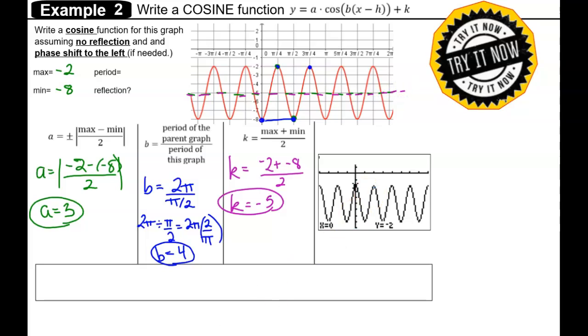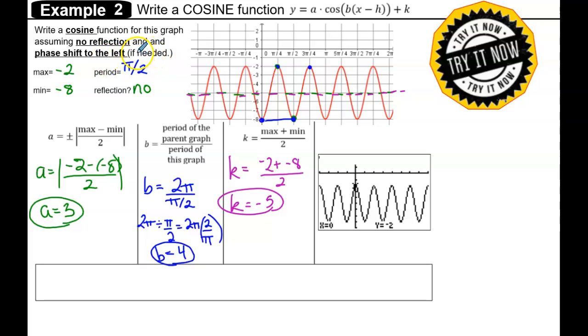Okay, so we found the period, that was pi over 2. The reflection question was a no, because it was stated in the problem that we're assuming no reflection. And then it tells us to assume that the phase shift is to the left if one is needed.